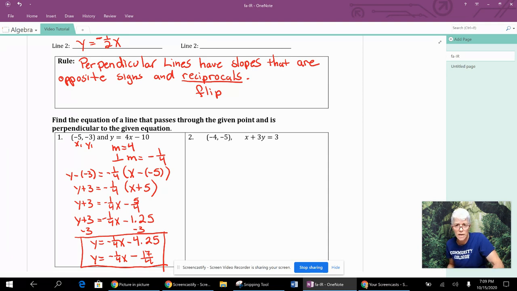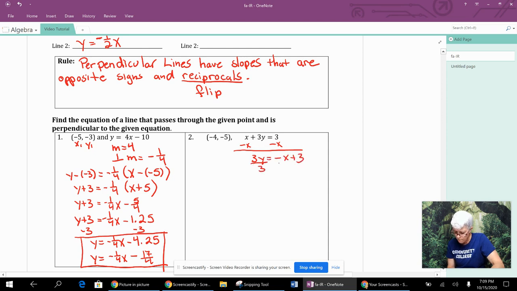The next one is in standard form. Guys, on the last test, so many people got questions wrong because they just left it in standard form and tried to determine the slope while still in standard form. We need to move things around. So I'm going to move the x over, and I have 3y equals negative x plus 3.